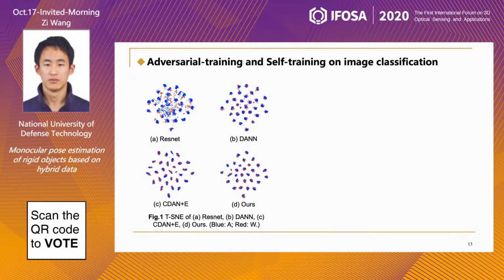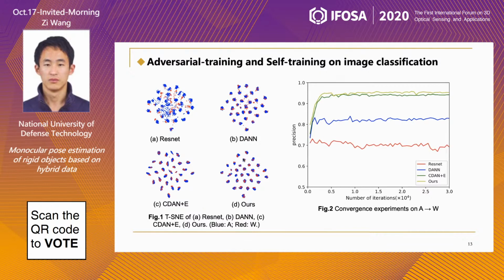We test the convergence performance of the 4 approaches, with the test precision on task A2W shown in Figure 4. The proposed method enjoys the same fast convergence as CDAN-ADE at the 4th training round and gets a steady improvement after adding classification supervision with pseudo labels.